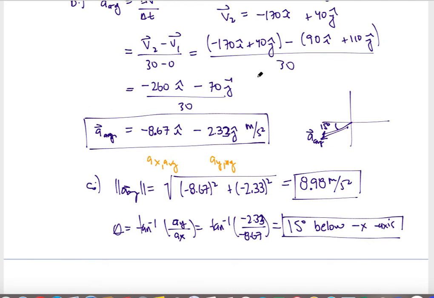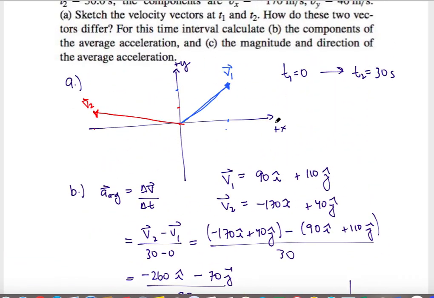Now I will point out, because it is important, that my acceleration vector is in actuality this difference in velocities. It is v2 minus v1. So I'm actually accelerating in this direction. So this change in velocity is really my acceleration vector.